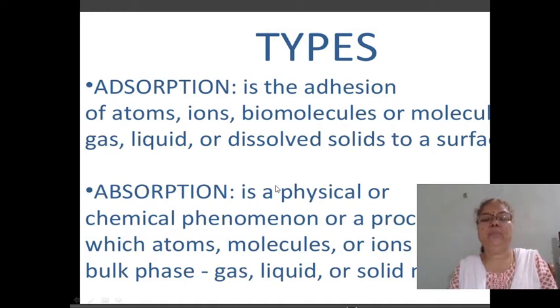Here, absorption is the phenomenon in which one substance gets penetrated into another substance. For example, suppose we have water and a sponge, and if we pour the water, it gets penetrated into the bulk of the sponge, and this phenomenon is the absorption. While adsorption is the accumulation on the surface only, the penetration process does not occur in adsorption.